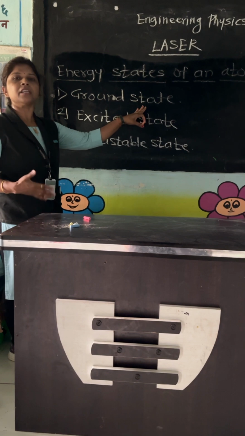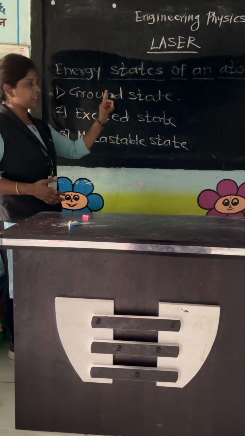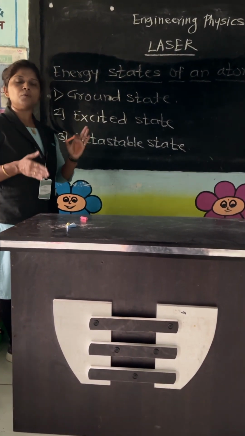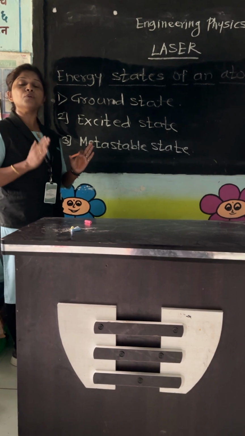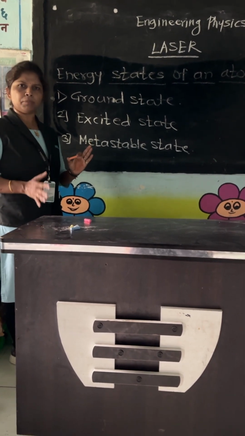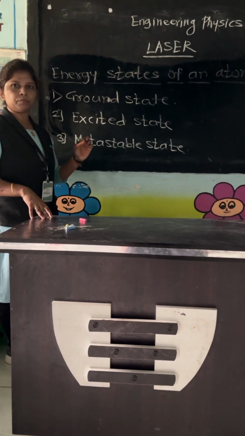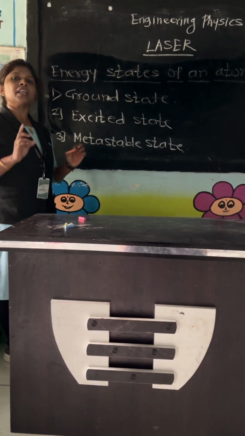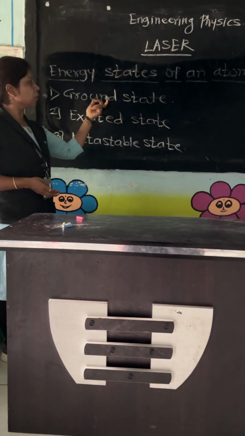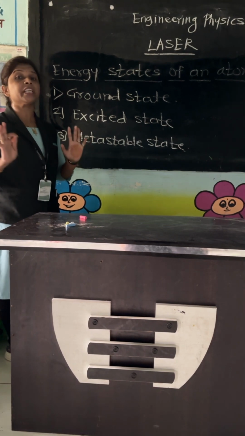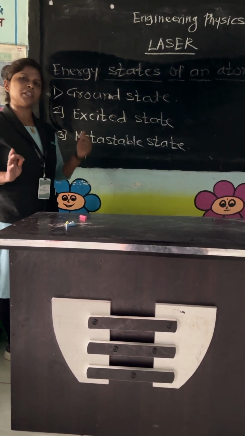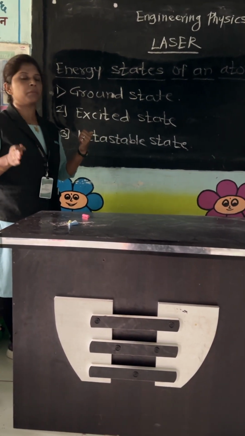I repeat, listen again. Ground state is called the most stable state because it is the lowest possible state for the atom, and any atom can remain in this ground state for unlimited time.